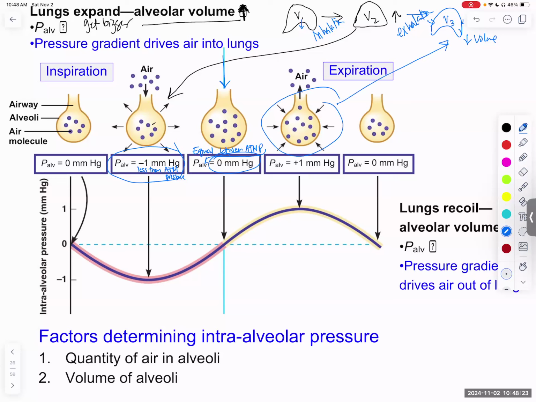That's this. And now we have increased the pressure in the alveoli to be 1 millimeter of mercury above atmosphere. So air is going to flow from the higher alveolar pressure to the lower atmospheric pressure, and air flows out.